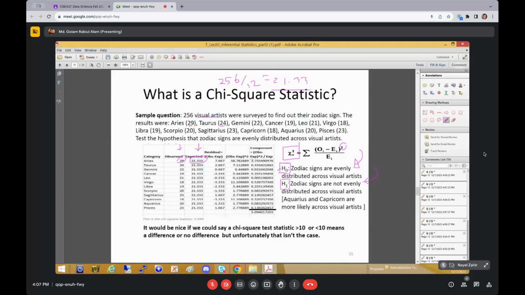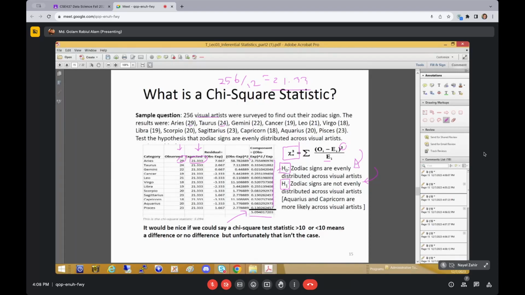In this way, for each and every zodiac sign, we find the difference between observed and expected, square it, and divide by the expected value. Finally we sum those values to find the chi-square statistic. We got a chi-square statistic of 5.049 from our data.